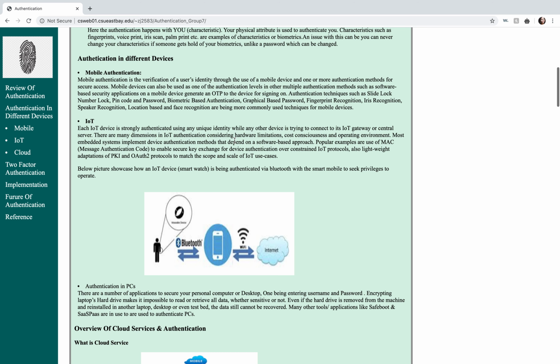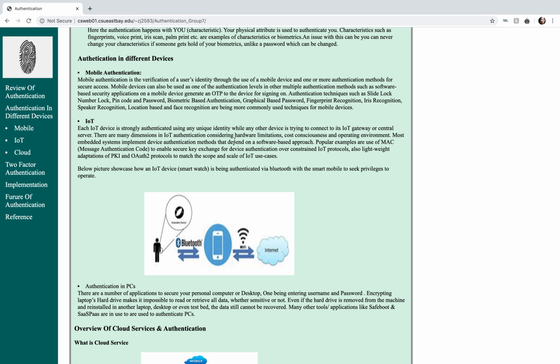Now let's see authentication in different devices. There are numerous ways specific to each of the devices. For mobile, facial recognition, iris recognition, and fingerprint are mainly used.